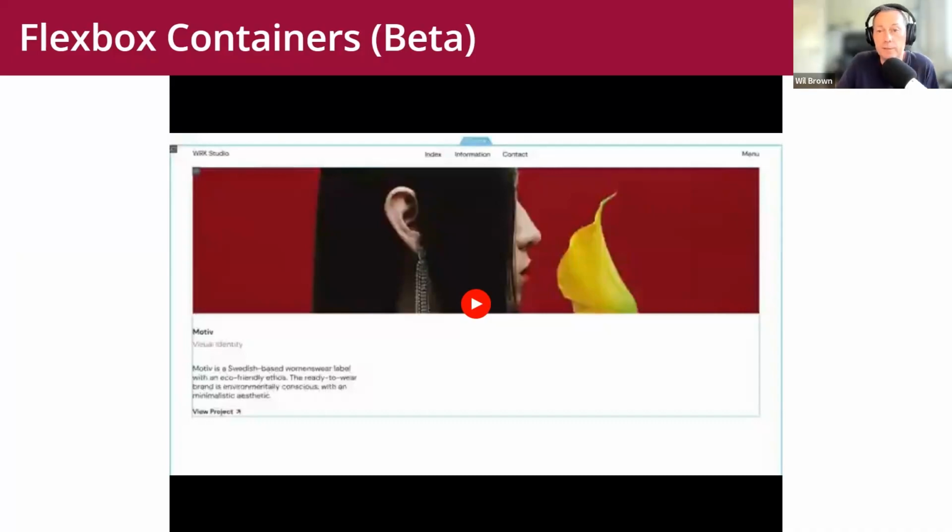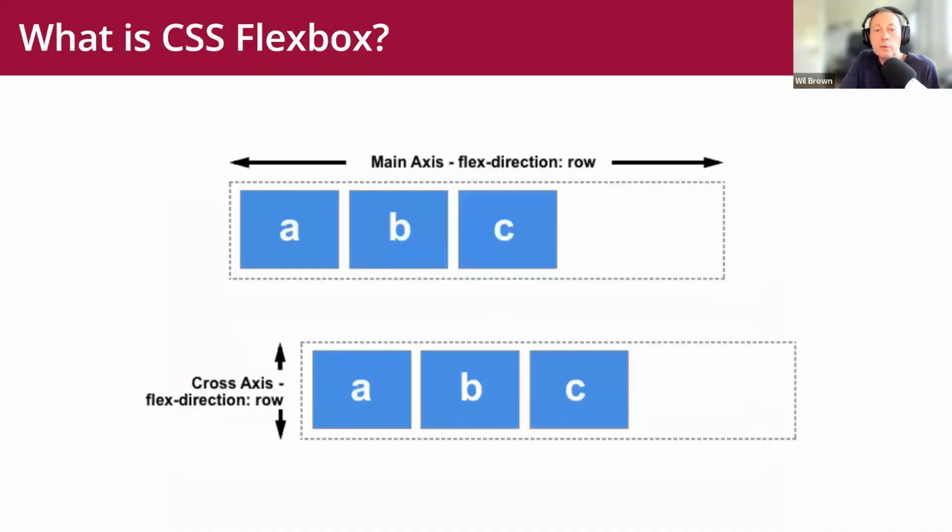So what is Flexbox? It's probably one of the biggest changes that Elementor's been implementing over the past 6 months, hence why it's taken a long time. Flexbox takes a little bit of getting your head around. It basically works on what we call 2 axes. The main axis is the flex direction that items flow in.